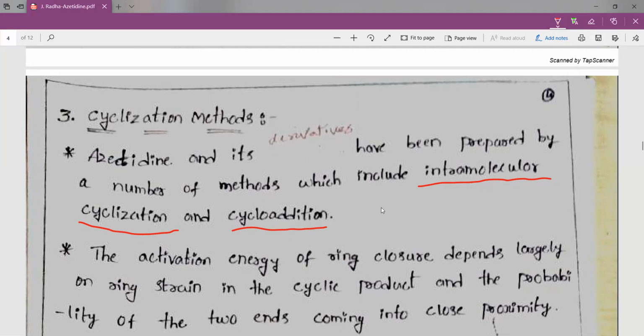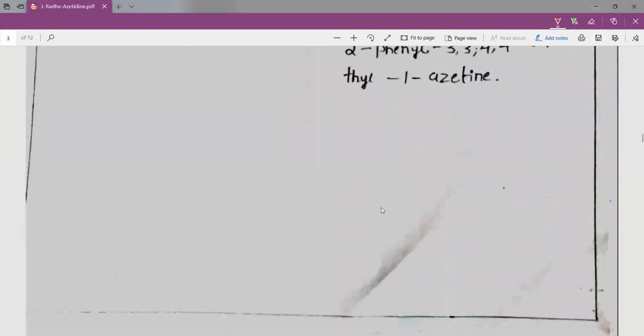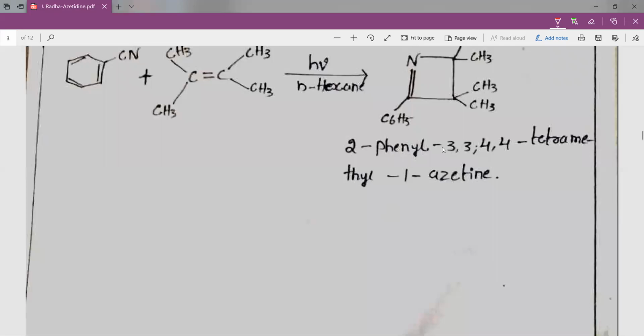Similarly, we can learn the chlorohydrin method, where chlorohydrin is treated with primary amine to form azetidines. This is a method for the synthesis of azetine. It is not azetidine. It is partially unsaturated azetidine, which is called azetine.